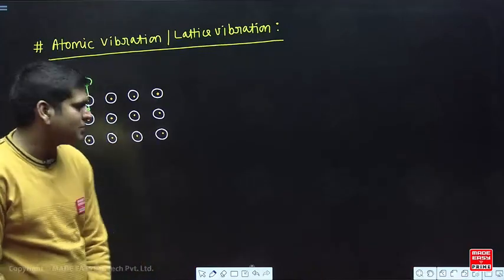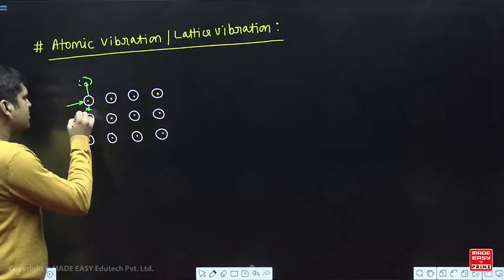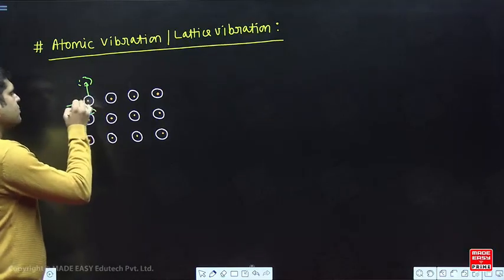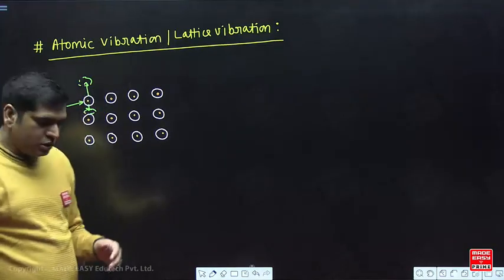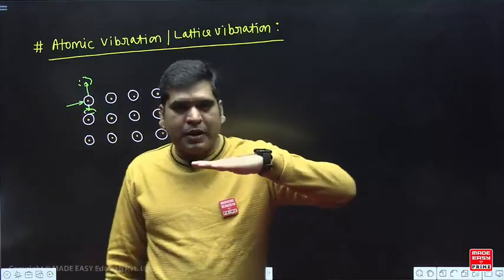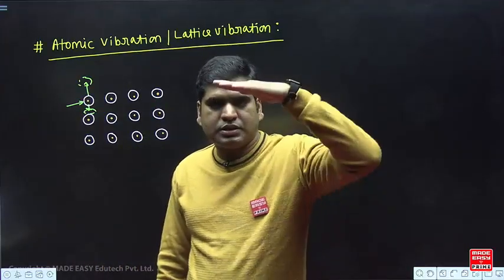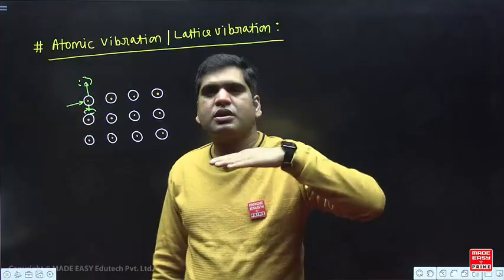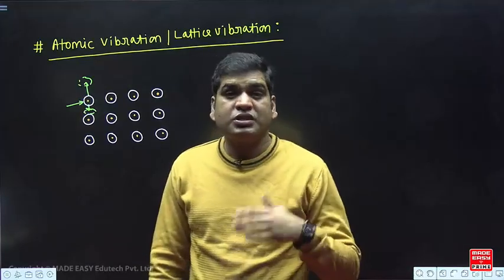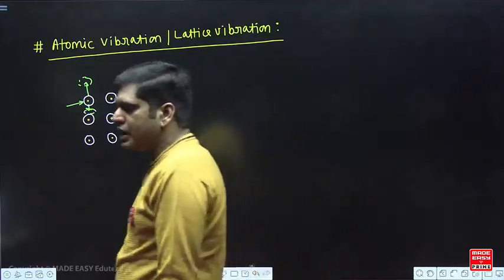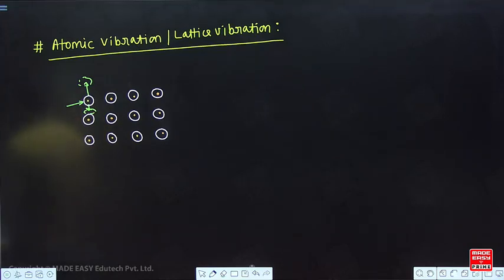Defect, vacancy defect. Similarly, when this atom comes at this side, this becomes vacancy. Actual position is this. If atom is going this or this, it means it is creating a kind of defect. So these atomic vibrations can also be thought of as a defect.